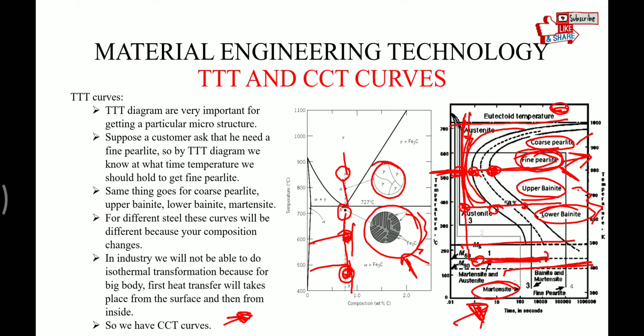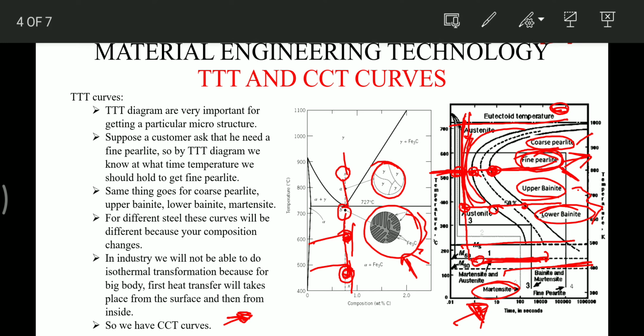This basically helps in heat treatment of steel. These curves are drawn for a particular composition. Okay friends, suppose this is the particular composition, and at a particular temperature, if we want a particular microstructure, like upper bainite, then we have to cool at this particular temperature, and only then will we get the upper bainite.